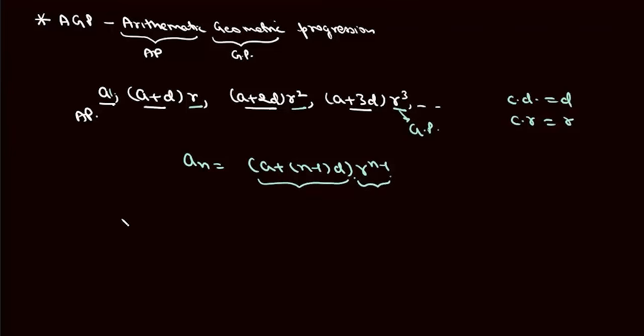If we take some examples of common AGP patterns, it could be 1 plus 2x plus 3x square plus 4x cube. So here 1, 2, 3, 4 is an AP, and 1, x, x square, x cube is a GP.